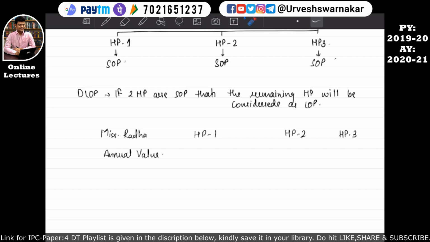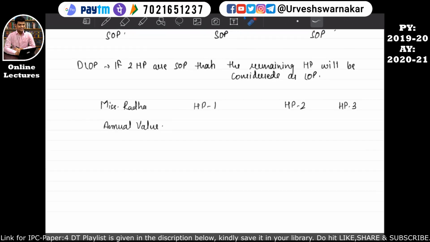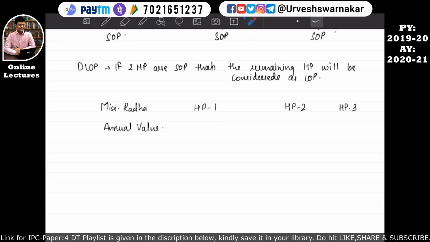So basically DLOP concept came into picture because many of the times assessees are having more than 2 house property, but they are not willing to rent that house property. So they were arguing that since we are not renting such house property, why will we pay taxes on that? But income tax department is saying that no, if you are having more than 2 house property, we understand that for first and second house property you are using it for yourself, but why do you need the third house property?